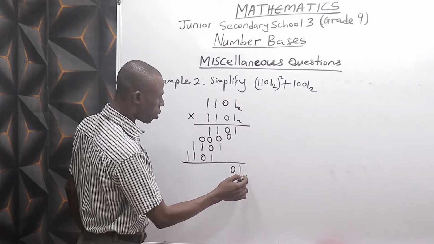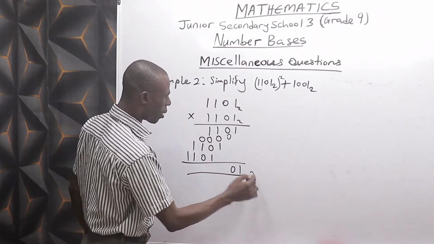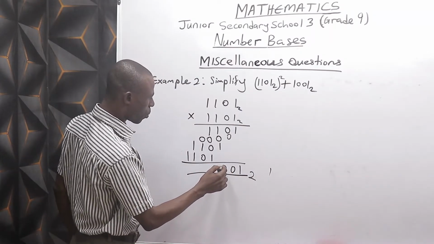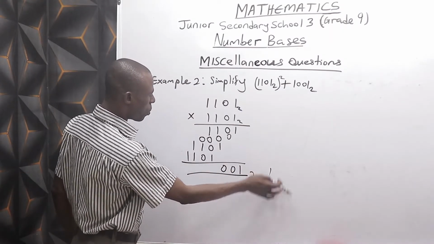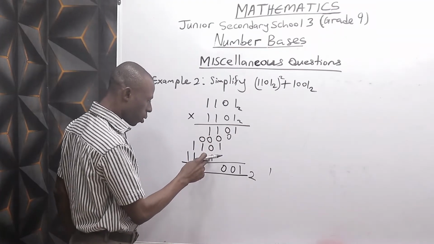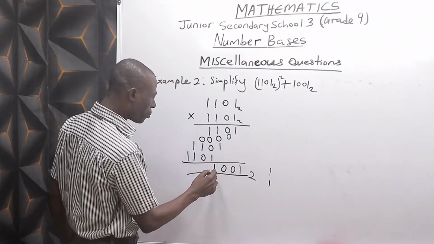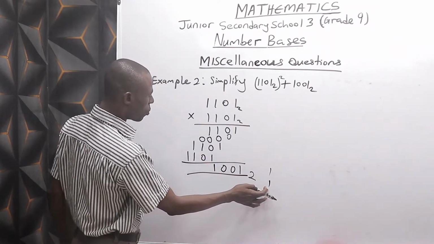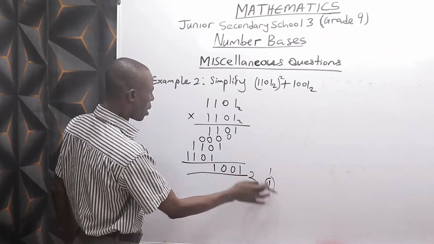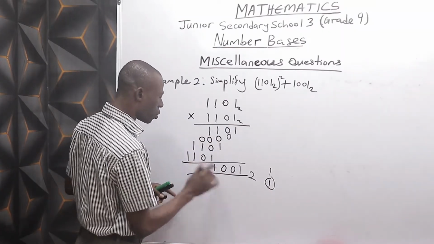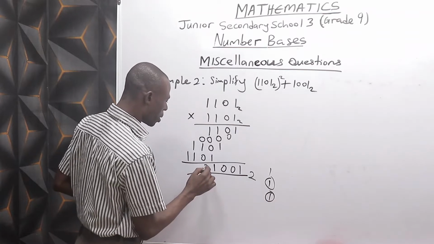So we have 1, 0. This is 2, but because we are operating in base 2, we cannot write the 2 down. So 2 into 1, remainder 0. The 1 we keep, we had it here, making 2, plus this, making 3. 2 in 3, 1, remainder 1. The 1 we carry, had it here, makes 2. We cannot sustain the 2. 2 in 2, 1, remainder 0.